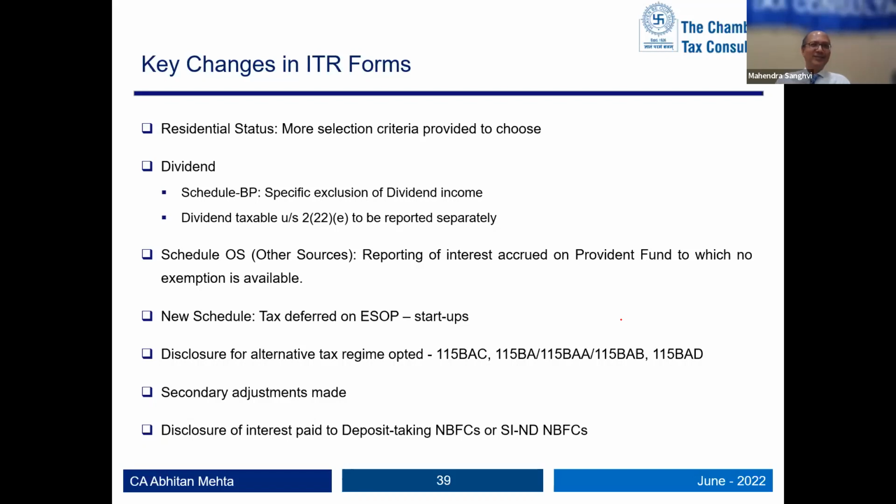So we have key changes in ITR. Second, for residential status, section 6 has been amended a couple of times to now provide, one, a reduction from 180 days to 120 days. Now, if you are in a foreign jurisdiction and there is no liability to tax in that jurisdiction, and you have income of more than 15 lakhs, you have to pay if you go out for employment.